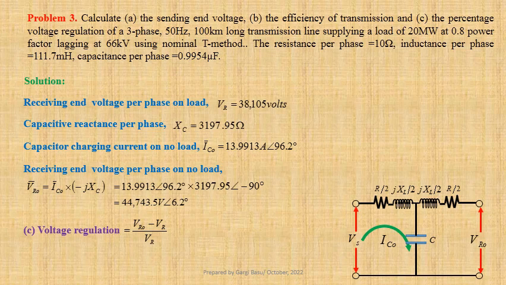Therefore, voltage regulation equals to 44,743.5 minus 38,105 divided by 38,105. That gives us 0.1742 per unit or 17.42%.